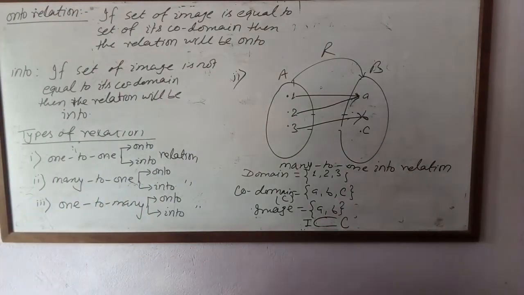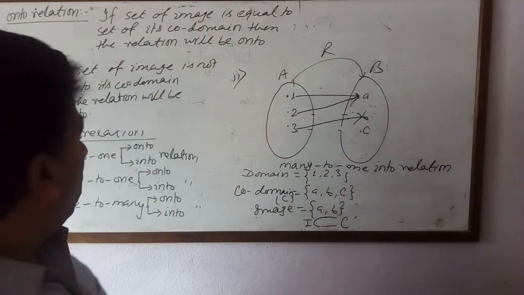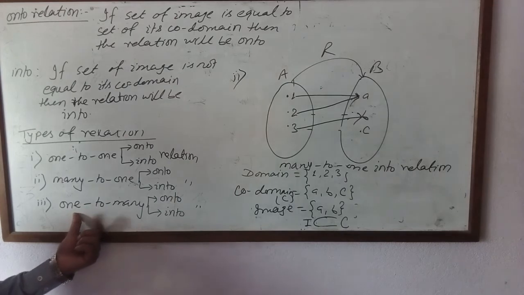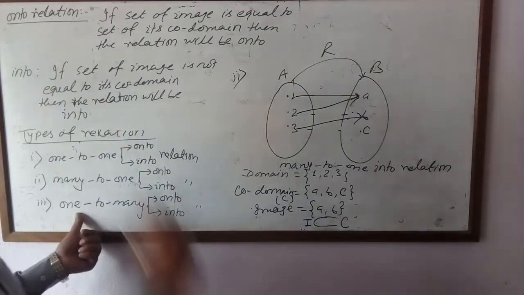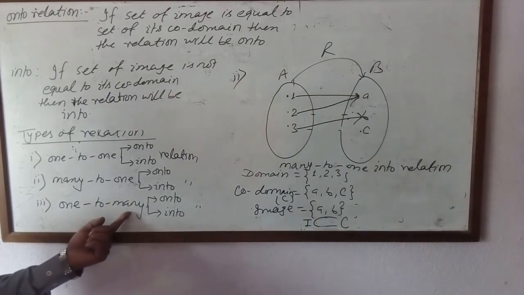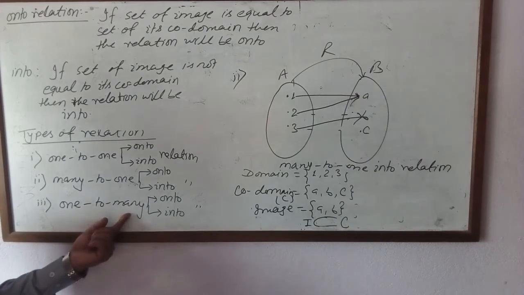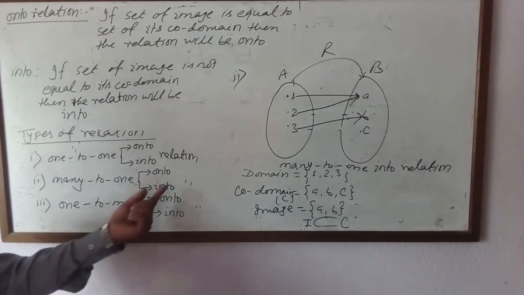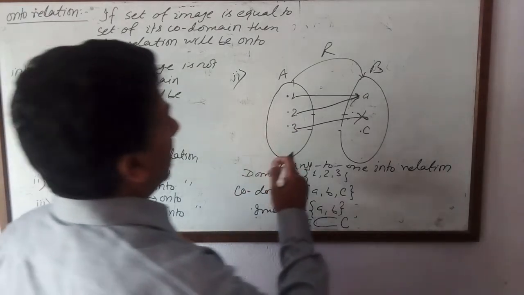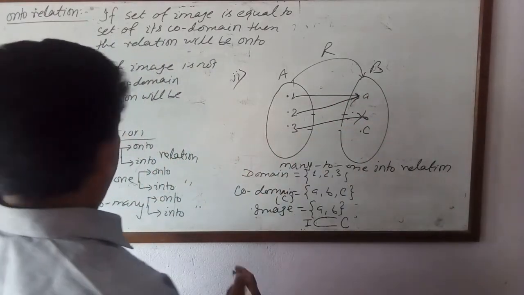Now last one is one to many. What is the meaning of one to many? One domain has many images. That is, this one is domain, one domain, many images. Again there are 2 types. Now same, I'll make the same example here.